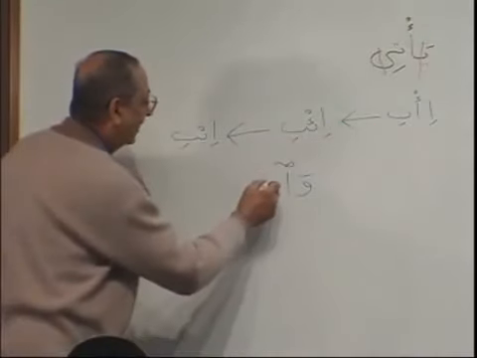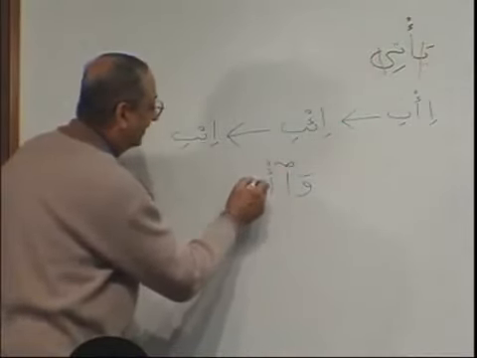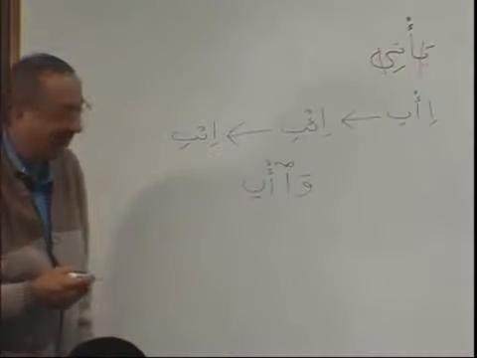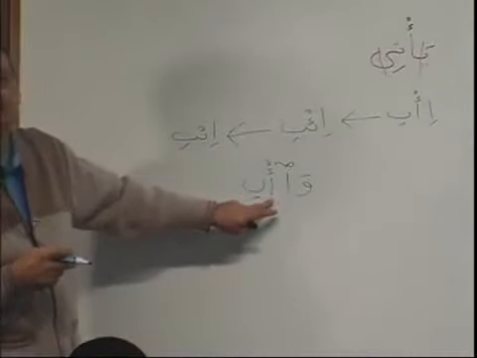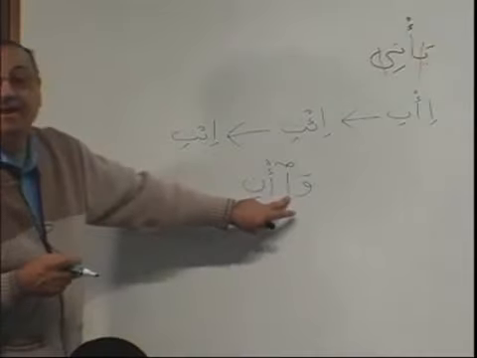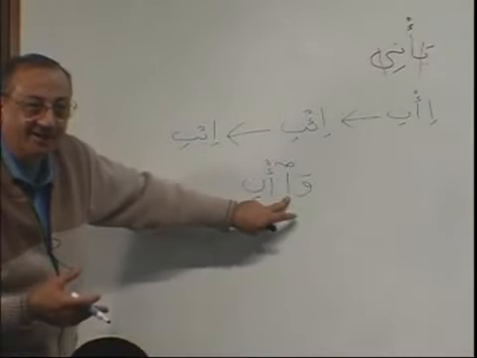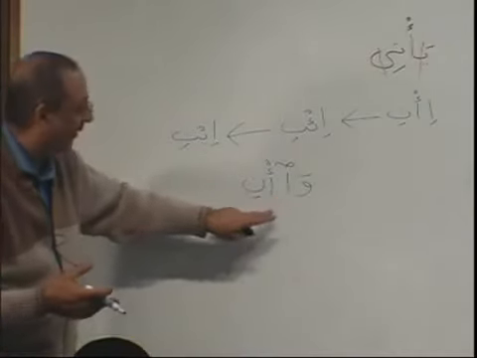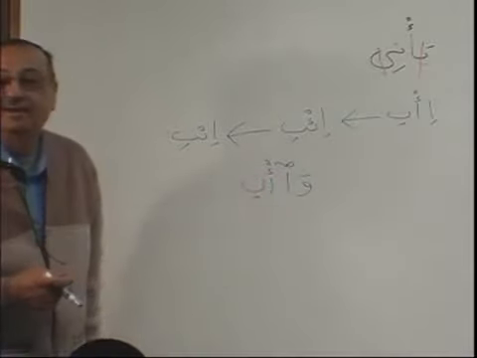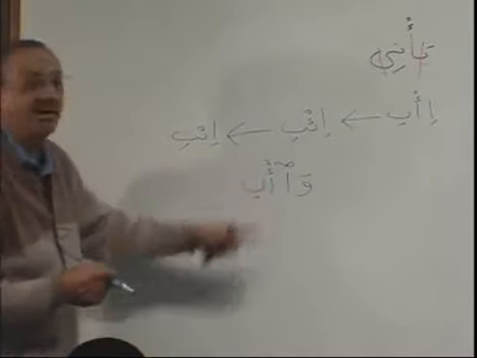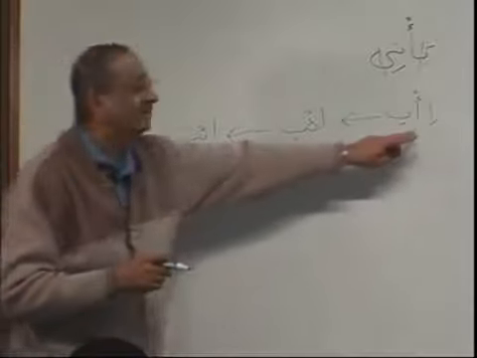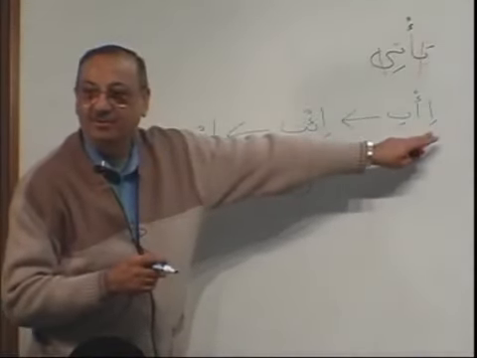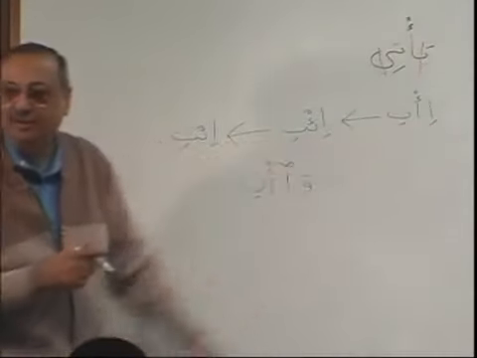So what will it become, Sister Hamza? Why did you do that? Because I'm not pronouncing it with kasra, so it becomes wati, and now Hamza got its original chair back. Are you with me, brother? It's all very logical.